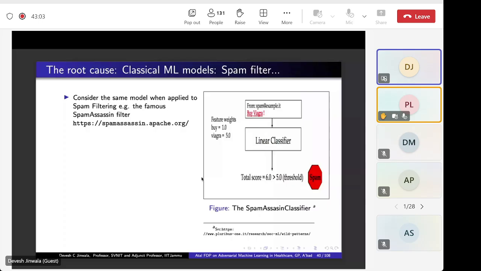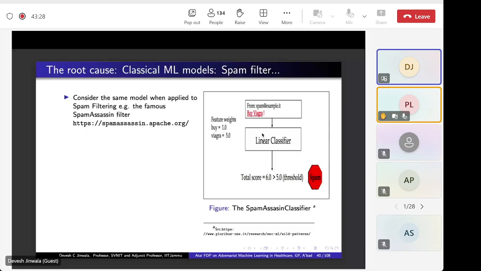So what is shown here is a spam filter which comes from this site which is known as Spam Assassin. If you look at this URL, Spam Assassin is considered to be a very successful spam filter, available globally. What would this spam filter do? The machine learning model would have been built with certain features.